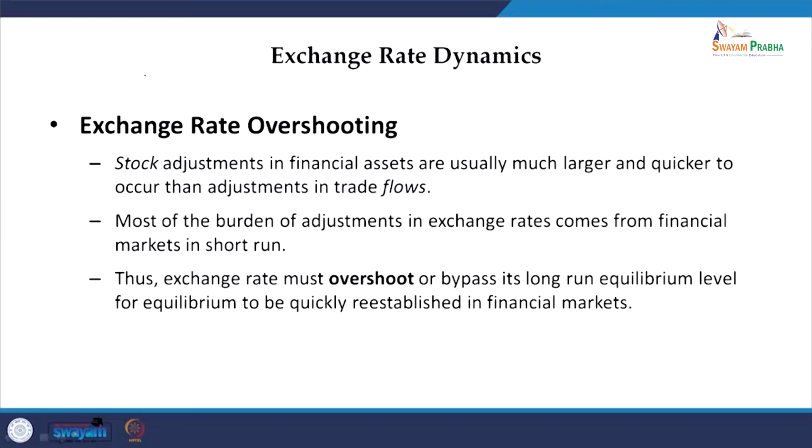Most of the bottom-up adjustment in the exchange rate comes from the financial market in the short run. Thus, the exchange rate must overshoot or bypass its long run equilibrium level for equilibrium to be quickly re-established in the financial market. So, there will be a possibility of overshooting due to the adjustment in assets and financial flows.